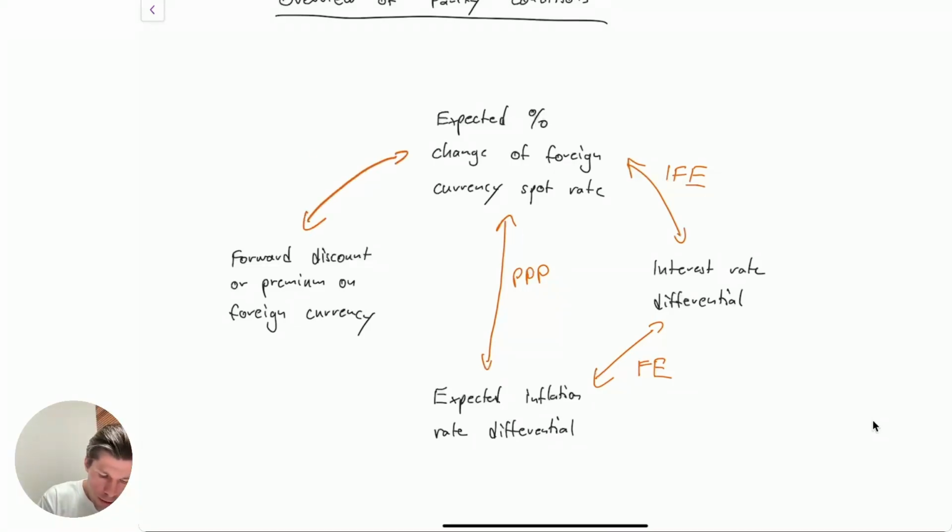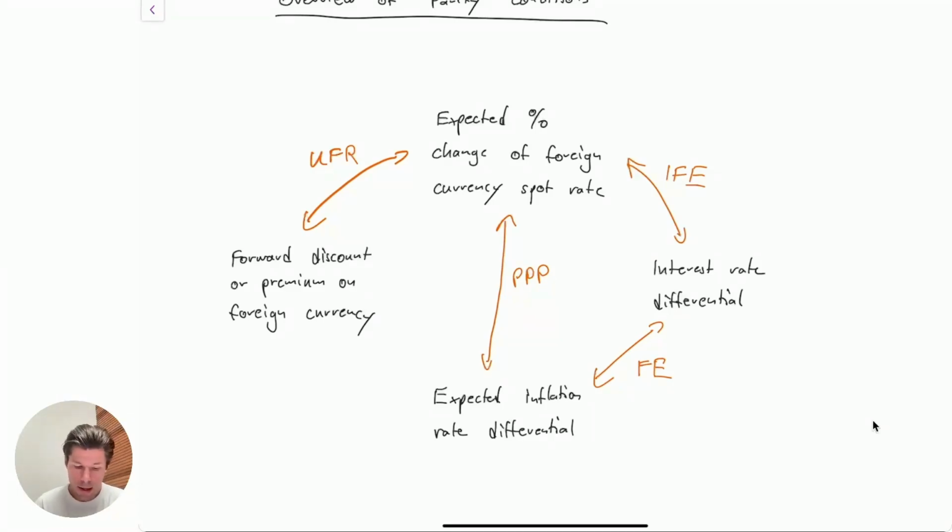Unbiased forward rate. Forward rate is another parity condition that basically says we can approximate our forward rate based on the expected future spot rate.